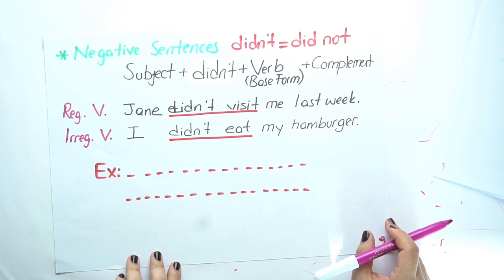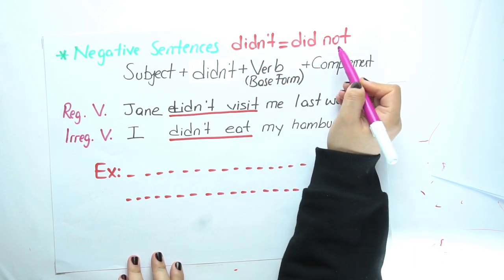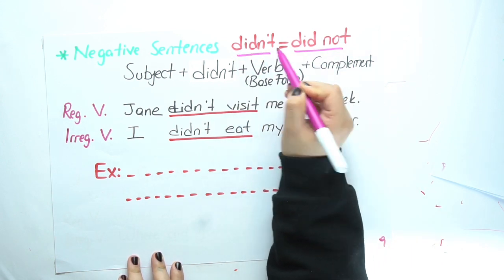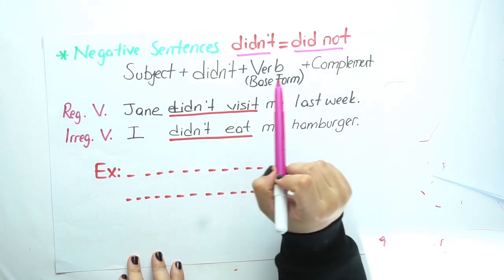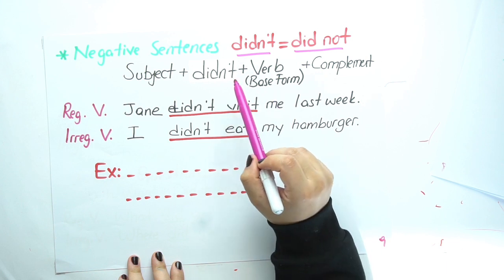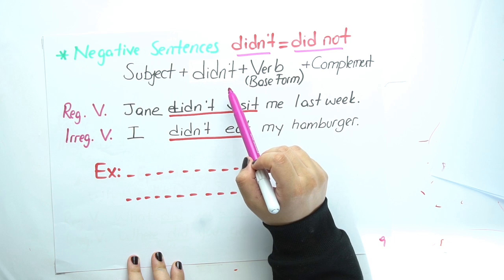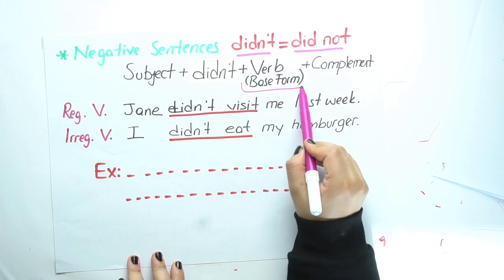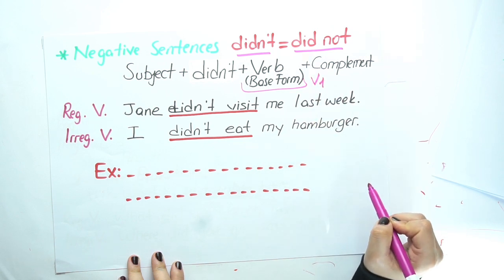When we move to negative sentences, there's an important part in here. We add did not, or didn't. They're both the same. But the important part is that after didn't or did not, our verb will be in base form. That means verb 1.